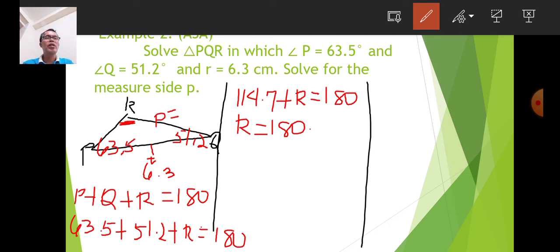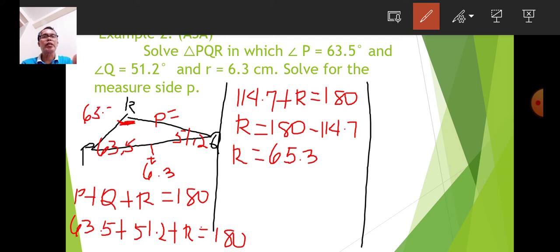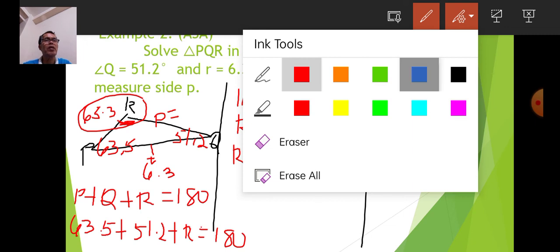So we'll have negative 114.7. Therefore, angle R now is equal to 180 minus 114.7. You will have 65.3. So this is now 65.3, angle R.